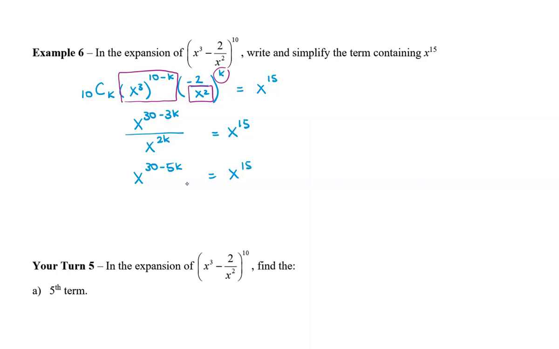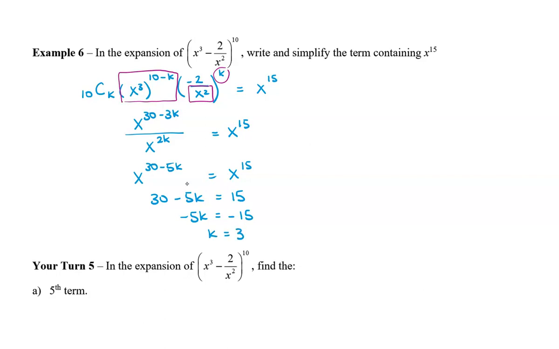Now our bases are the same, so our exponents have to be the same. So 30 minus 5k equals 15. Negative 5k equals negative 15. So k is equal to 3.